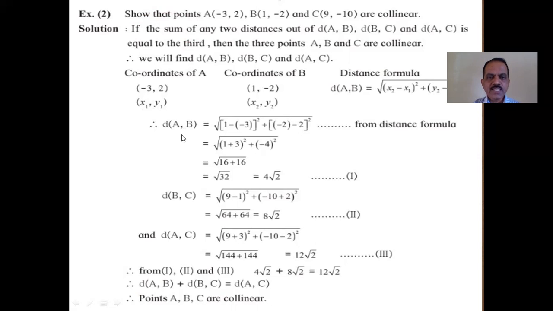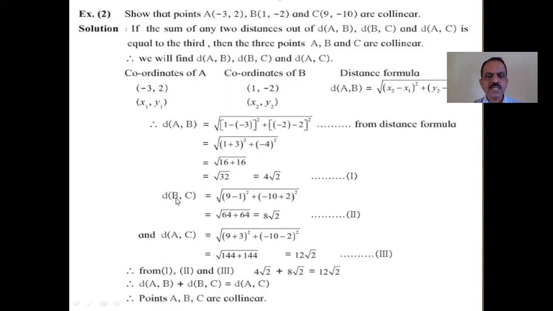Distance AB is equal to the square root of (1 minus (-3)) whole square plus (-2 minus 2) whole square. Solving this, it is the square root of 32, which is 16 into 2. The square root of 16 is 4, and the 2 stays under the root. So distance AB is equal to 4 root 2. This is your first.